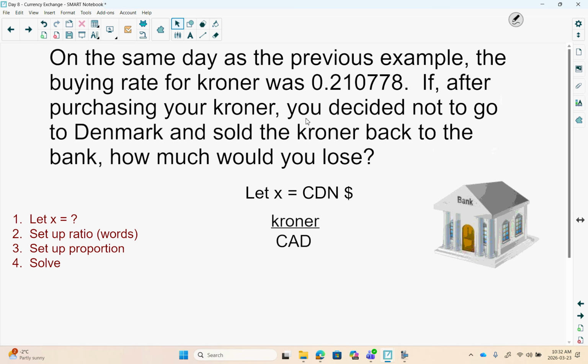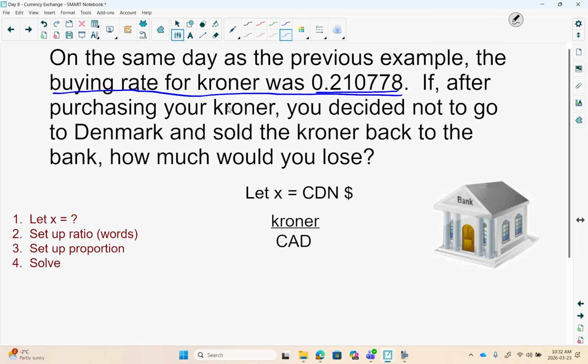Here we go. On the same day as the previous example, we're still talking about I converted 500 Canadian dollars for 2,254.51 Danish kroner. The buying rate for kroner was, so this one straight up tells me it's a buying rate, 0.210778.